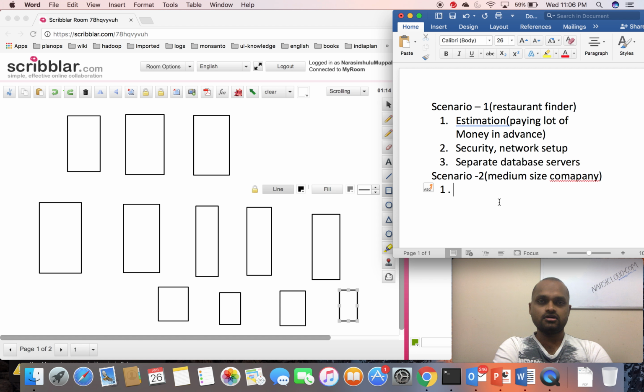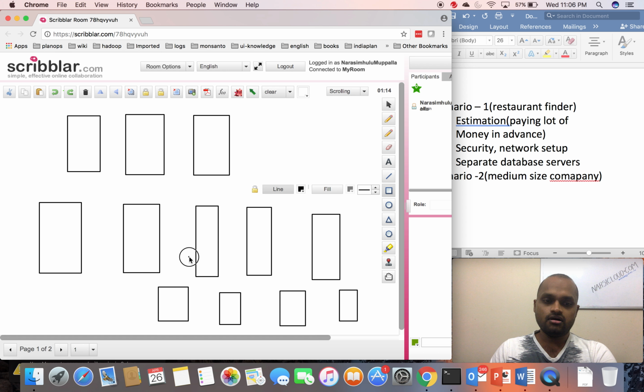Using AWS we can build any size company without having to worry about purchasing machines and setting up and maintaining our own data centers. And today, many companies are moving their operations to AWS.